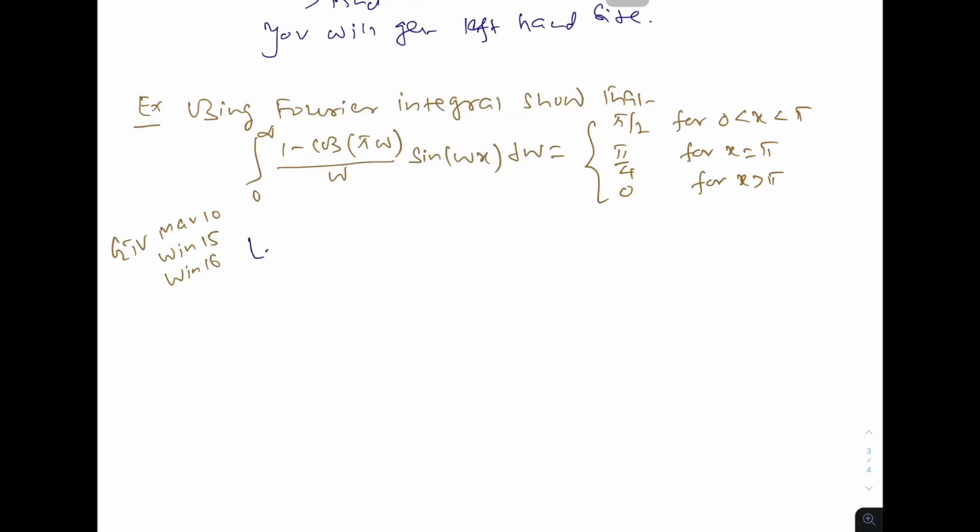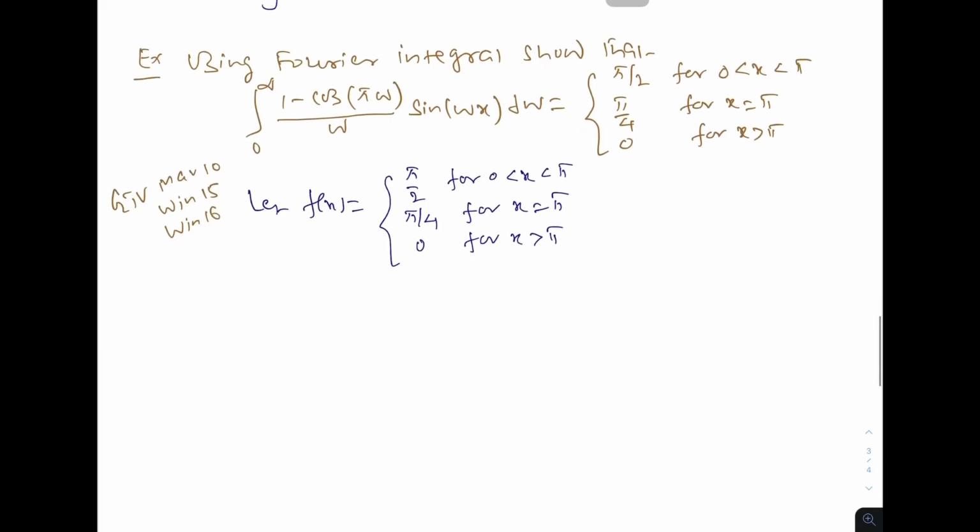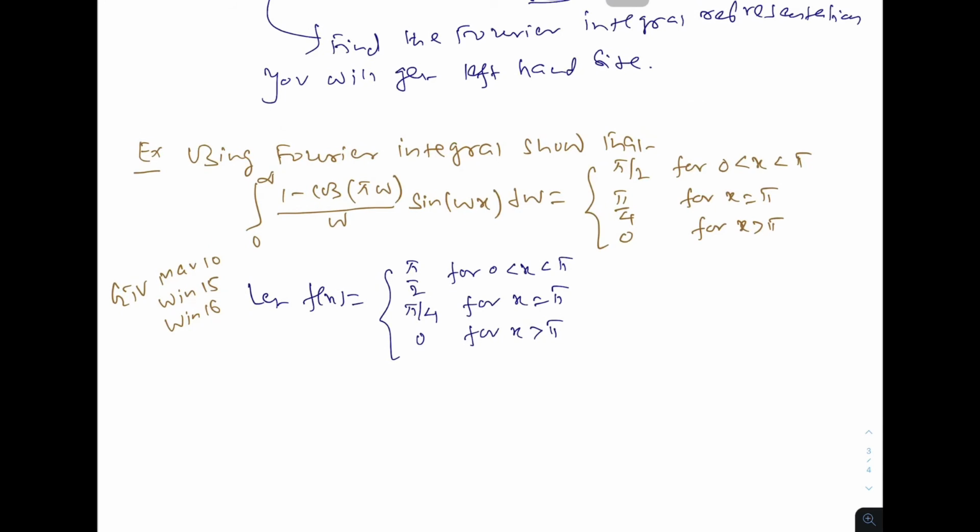We do like this. So let f(x) equal pi by 2 for 0 to pi, then pi by 4 for x equal to pi, and 0 for x greater than pi. Now looking at the question, here you are having sin omega x. That means we need to find the Fourier sine integral representation of this function.